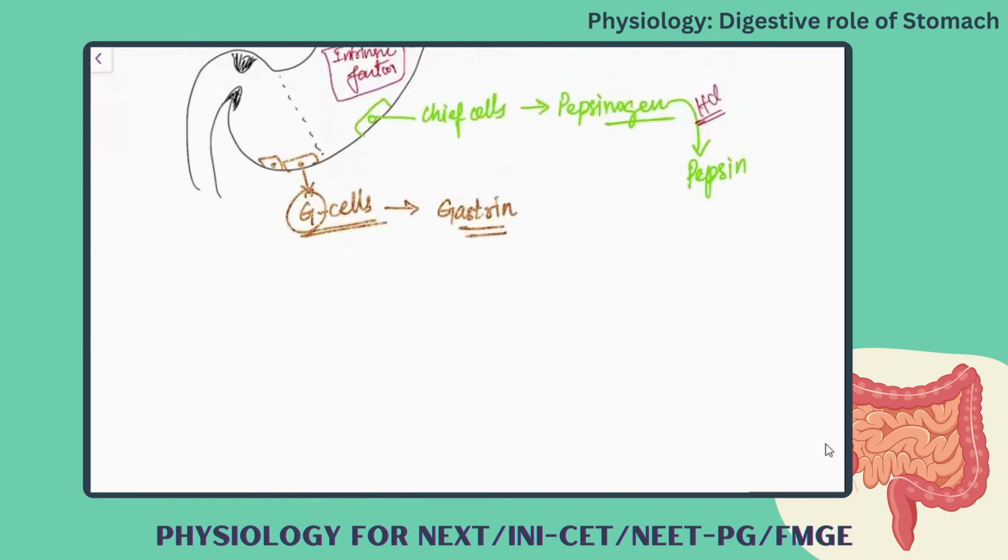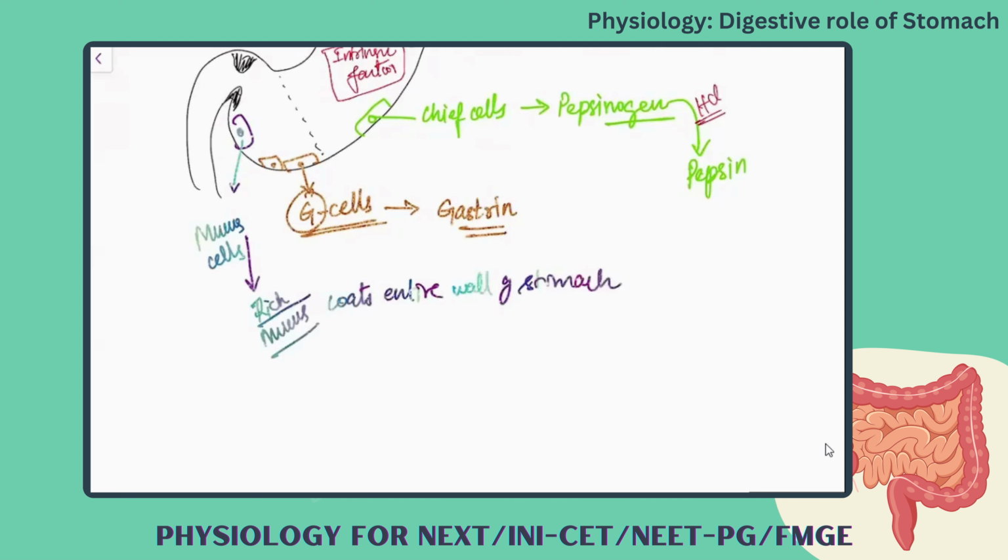Another one you have is the mucus cells, which release a rich mucus substance that coats the entire wall of the stomach. So the cell arrangement is different.